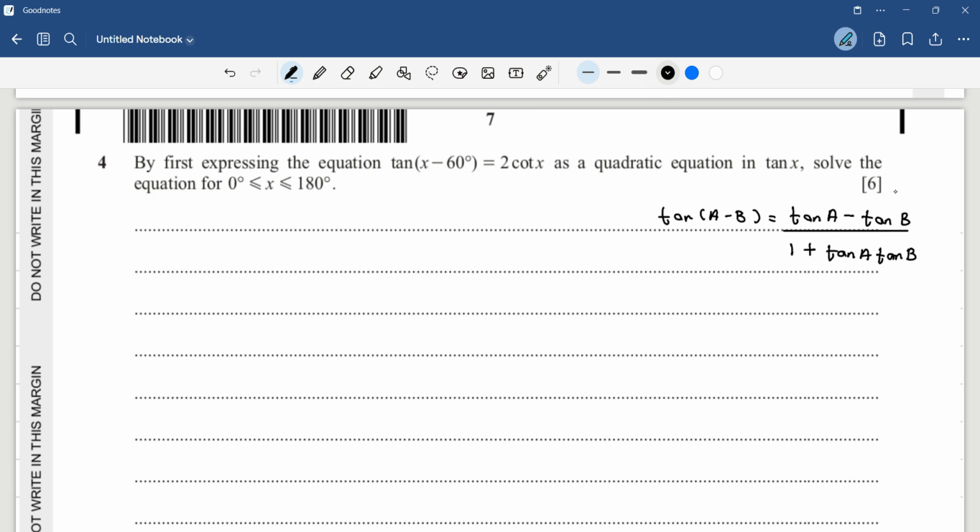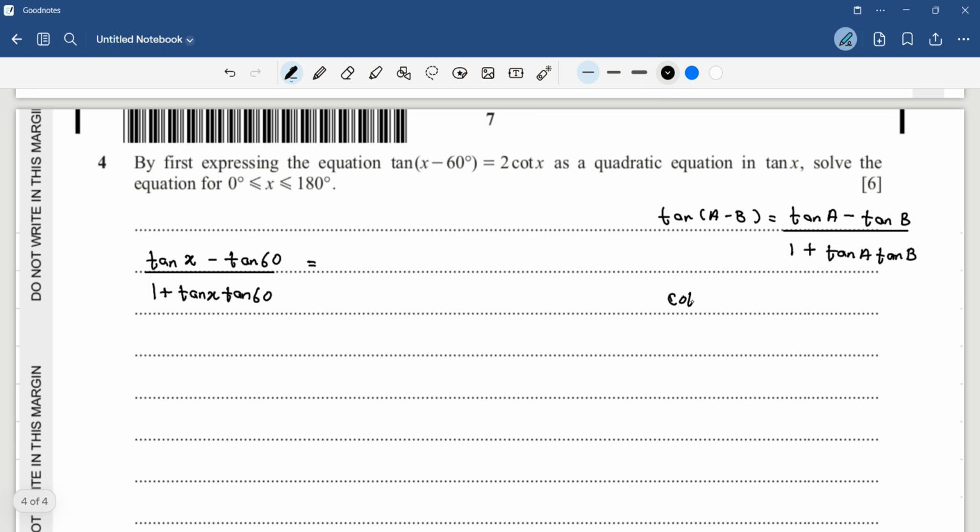You can use this formula to expand this. So it's going to be tan x minus tan 60 over 1 plus tan x tan 60 equivalent to 2 cot x.